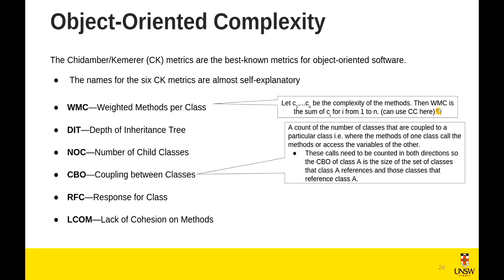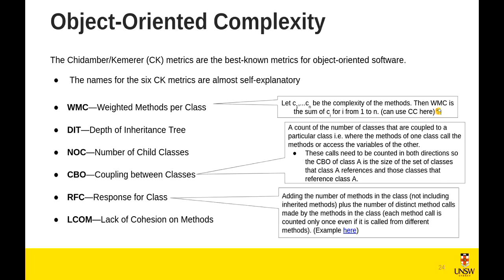So it's basically the calling or invoking relations between different classes. And this relation is two-way, a bidirectional edge or connection, which means that if, let's say, a method in class A calls a method in class B, then it will add one to the CBO for both class A and class B. This is how we count the coupling between classes.